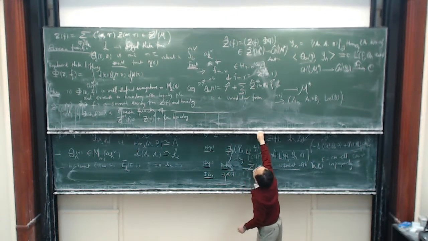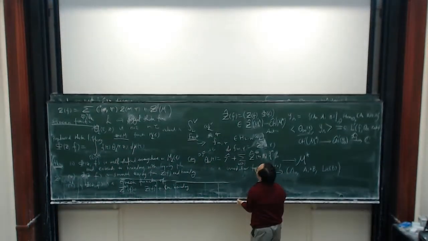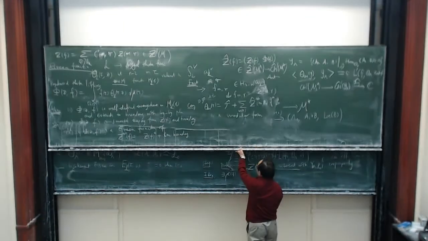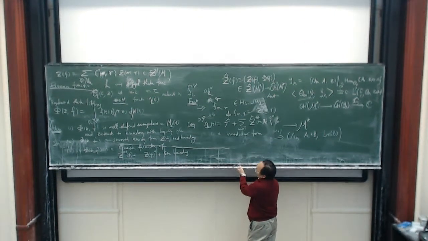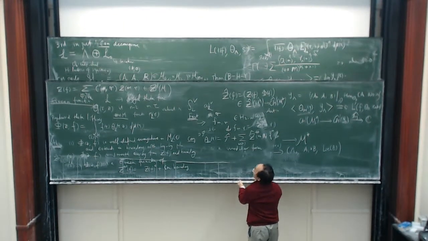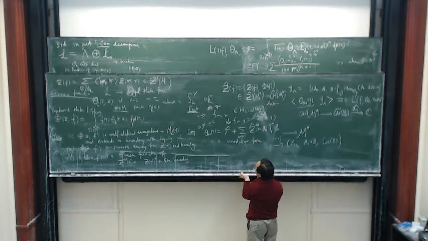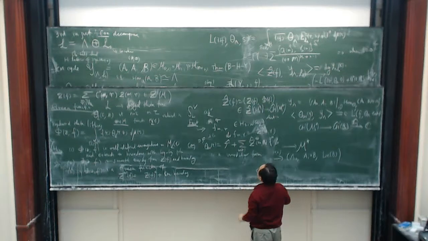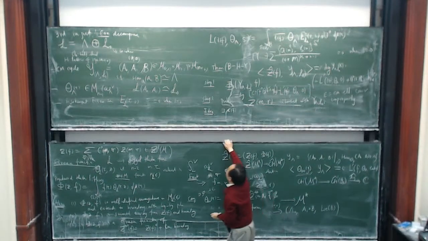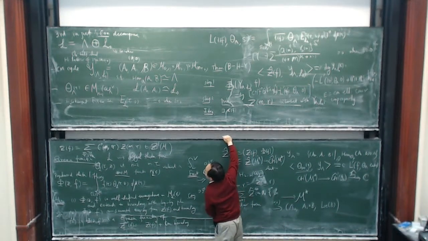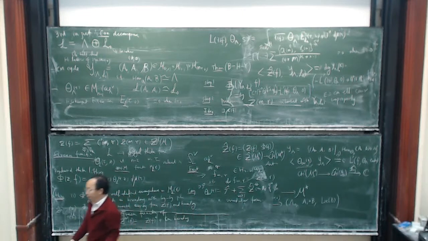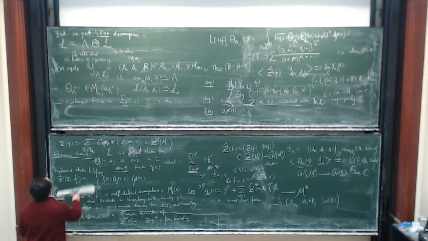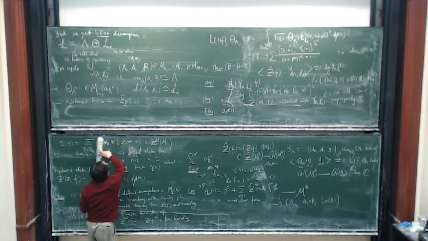This is more serious stuff. So to compute the improper intersection, we have to move away from it.